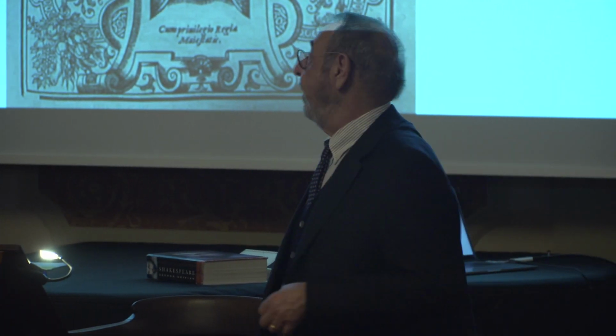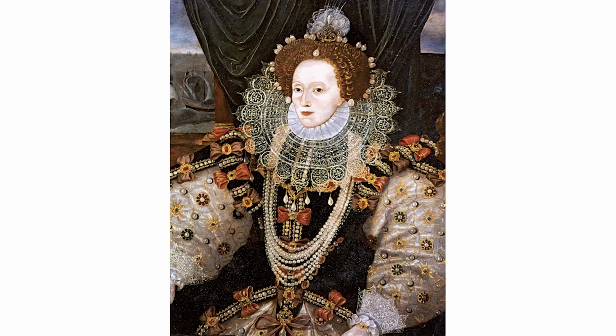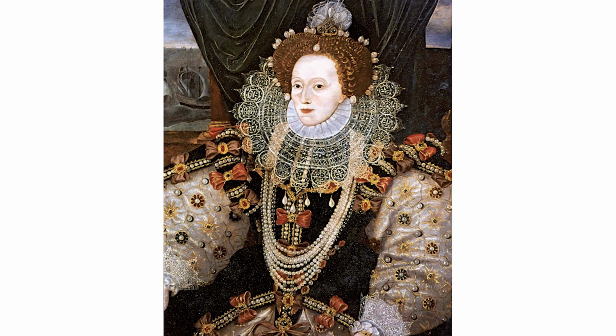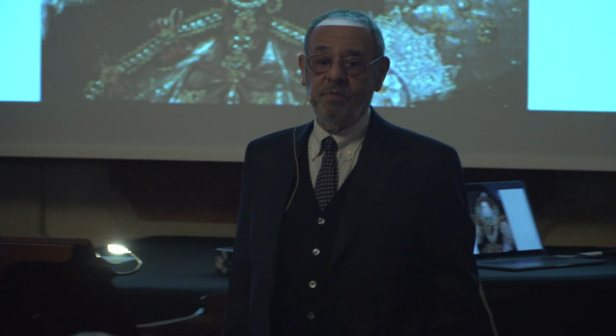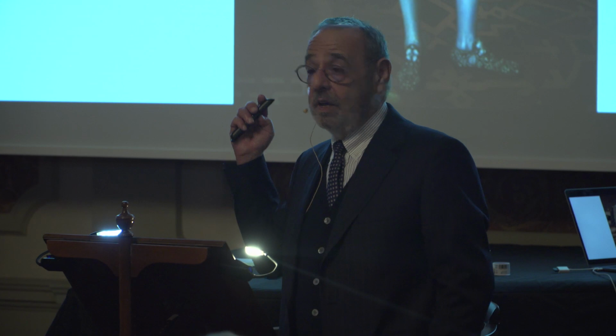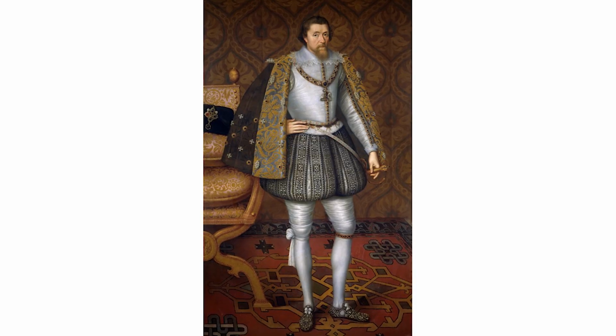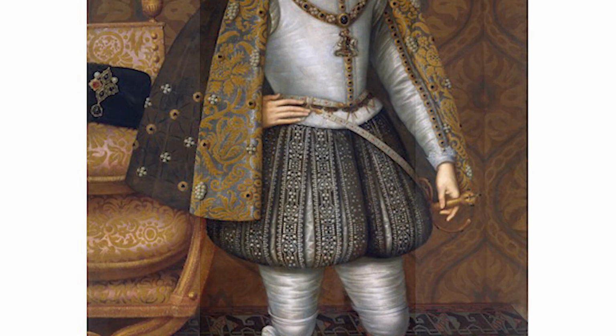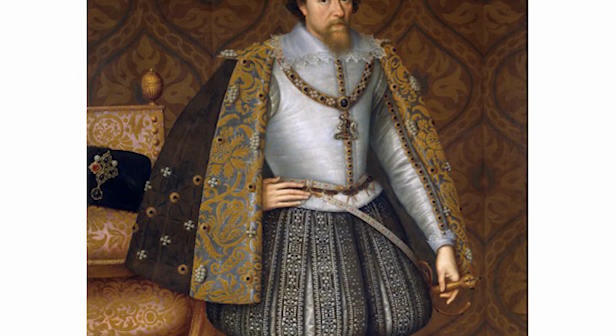What's going on in this period? Well, Queen Elizabeth I reigned until 1603. She dies in 1603, having ruled England for some 45 years. And she is succeeded by James I. James I of England was James VI of Scotland.